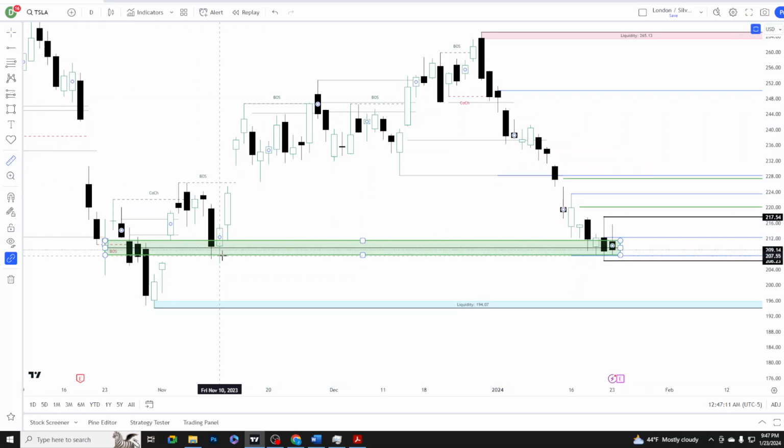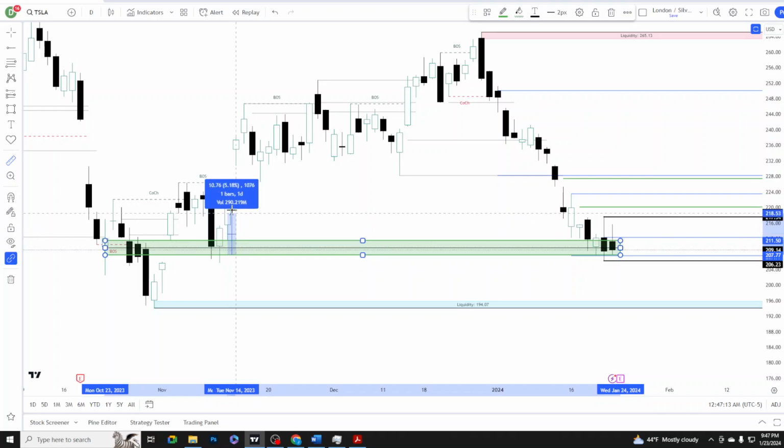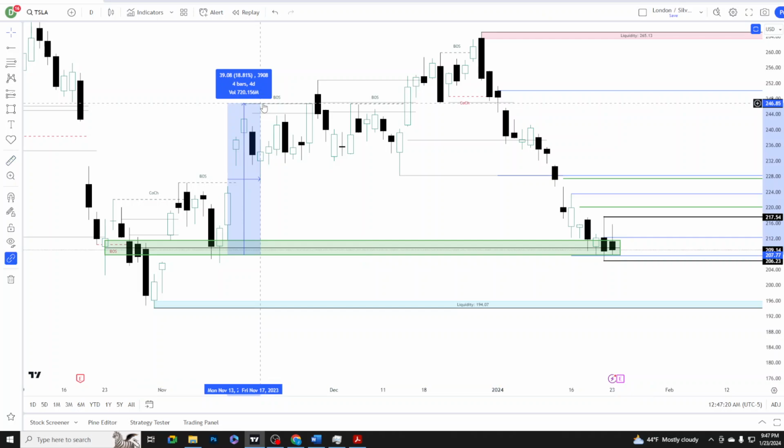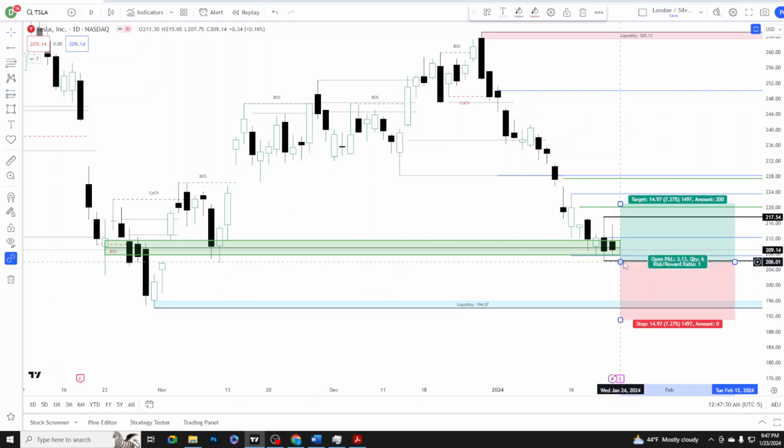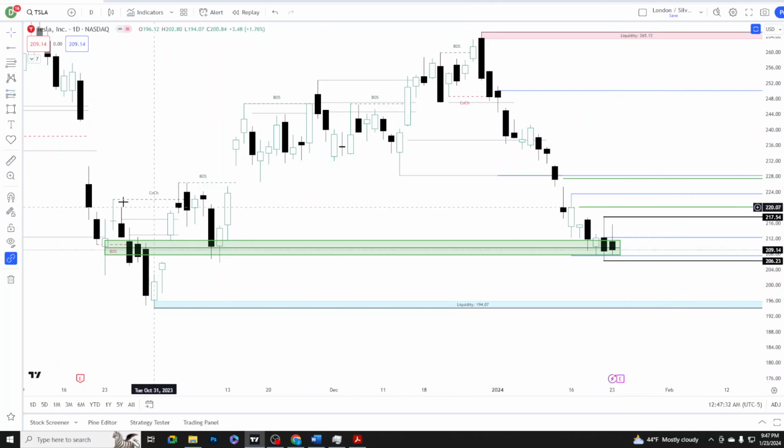Then off of this range here, we saw a nearly 19% rally. So what would that look like? Well, we got 7, we got 19. Let's call it somewhere in the middle. We'll say 13%.